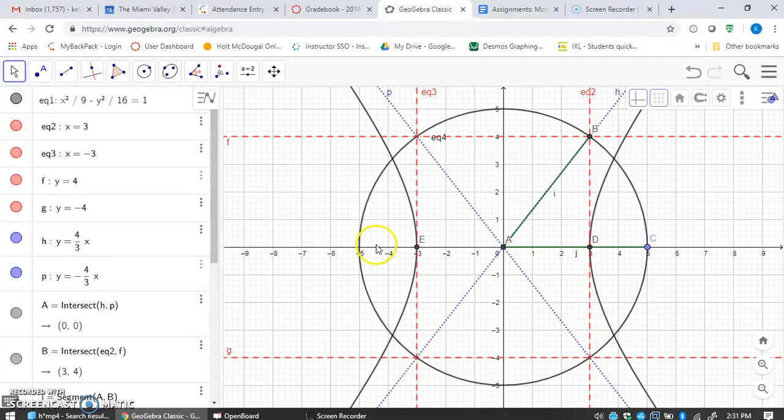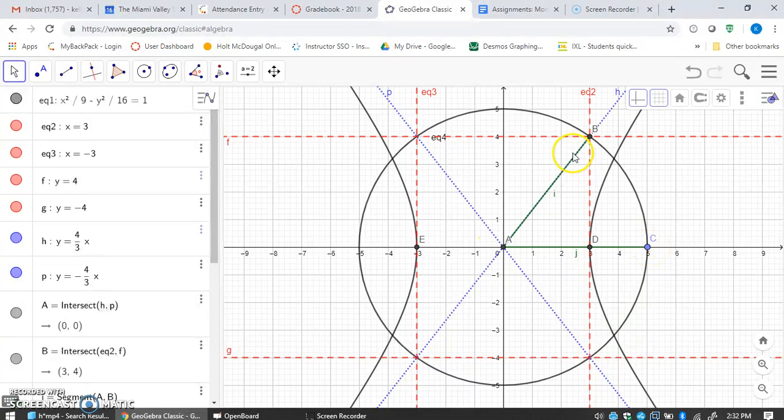Now to find the foci, I wanted to point out how this works. If we look at this right triangle that I created, and I put the unit circle in there so that you can see that this hypotenuse is the radius of that circle. And the foci also lie on the radius of that circle.